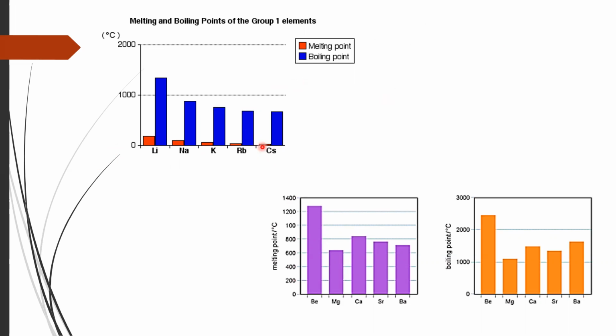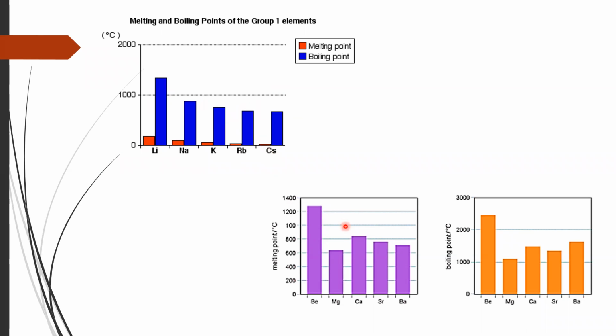Now, the melting point of cesium is very low, and hence this is the element which melts at room temperature, in your palm. If you hold cesium in your palm, it will start melting. Hence, the melting point of cesium is very low. As we go down the group, the boiling point also decreases.